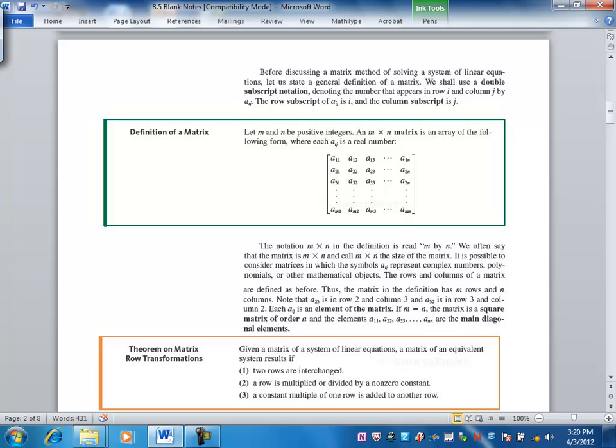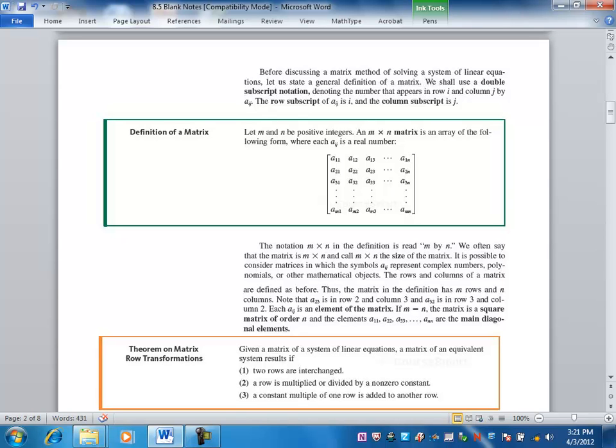Let's move ahead here, and as our notes say, we're going to talk about some terminology. Before discussing a matrix method of solving a system of linear equations, we need to state a general definition of a matrix. We shall use double subscript notation. That means there are two subscripts, denoting the number that appears in row i, column j, by a sub ij.